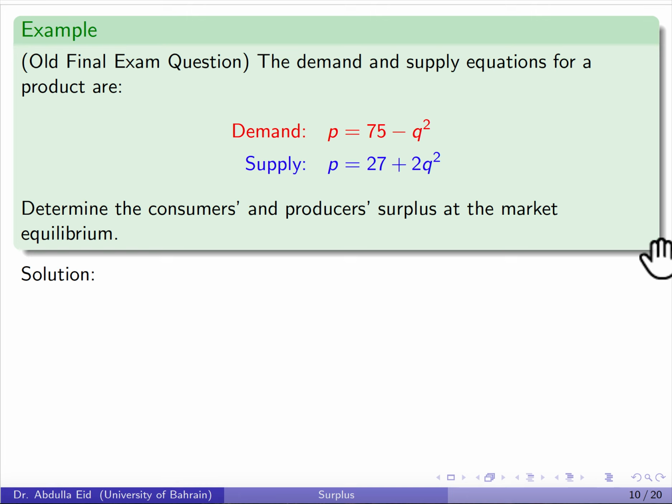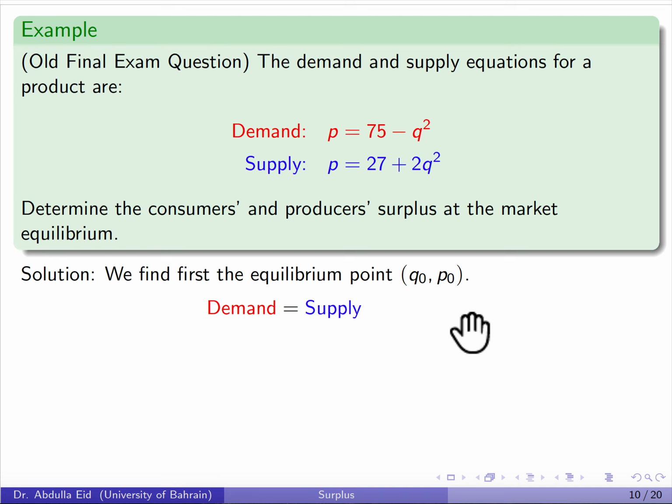Again, another question with different numbers, but the procedure is the same, so I'll go a little bit faster here. First we need to find the equilibrium point by writing the demand equal to the supply. We write the demand function and supply function and take everything to one side. You move q squared to the other side, and 75 you can also take to the other side.